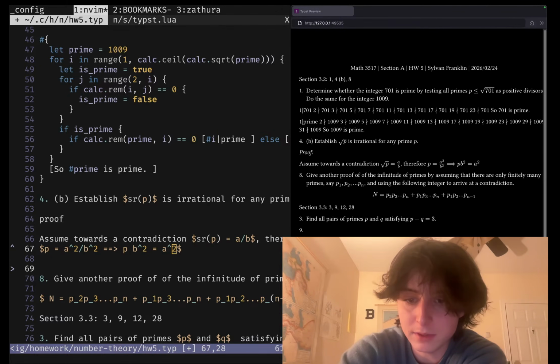Contradiction because on the right-hand side the prime factorization has only even powers, and on the left, one of the primes must have odd powers.